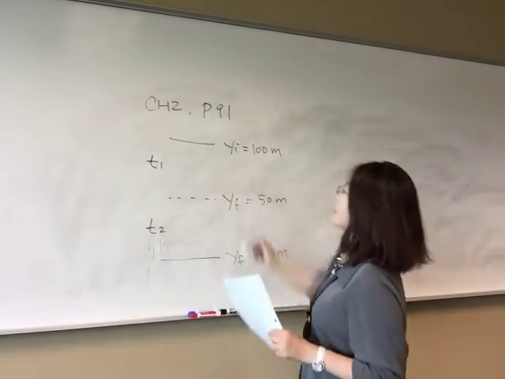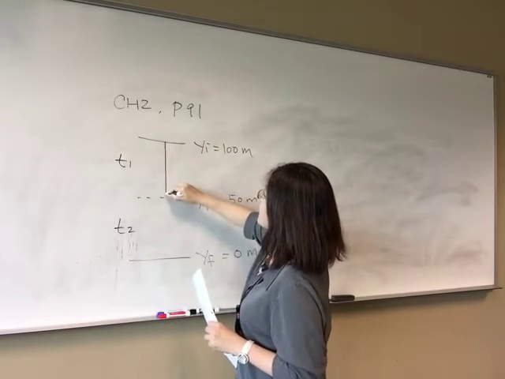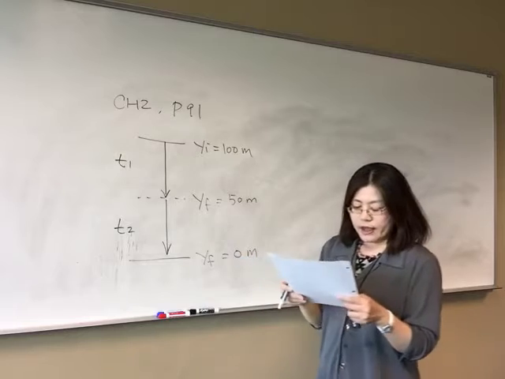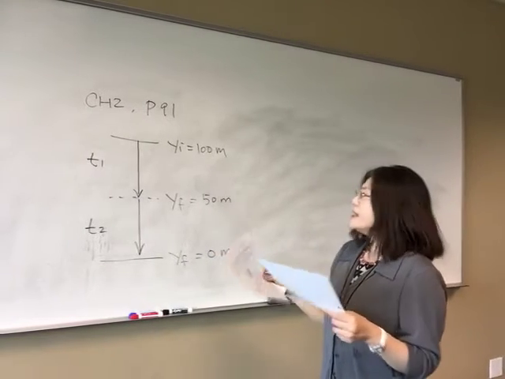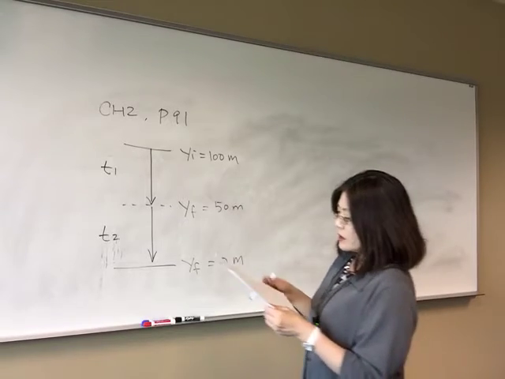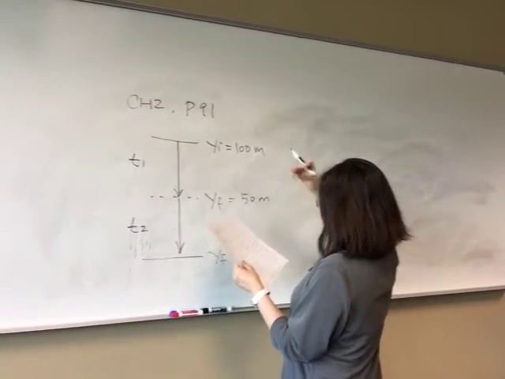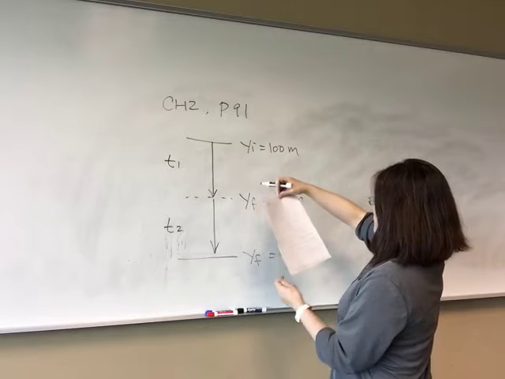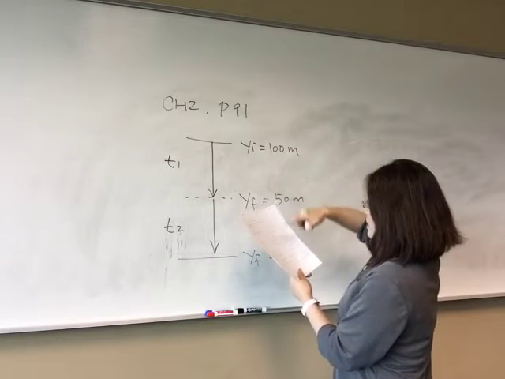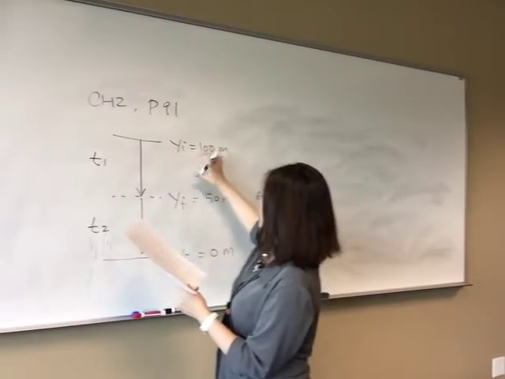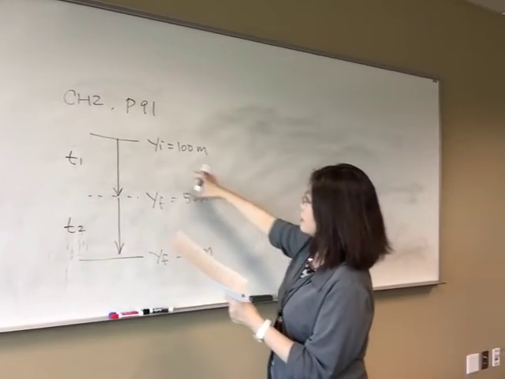So you'll also find how much time it takes from this point to that point, and then from that point to that point. Okay, and so what is the initial velocity? Because it said that it is dropped, so we have the initial height, the final height, and the initial velocity.